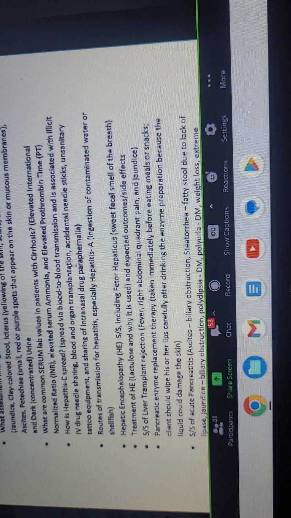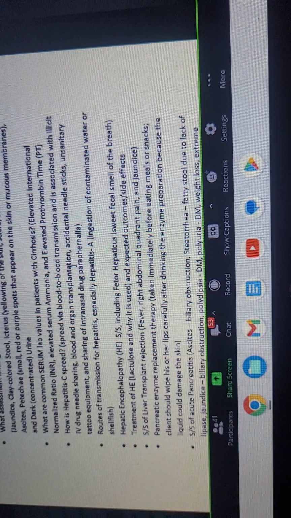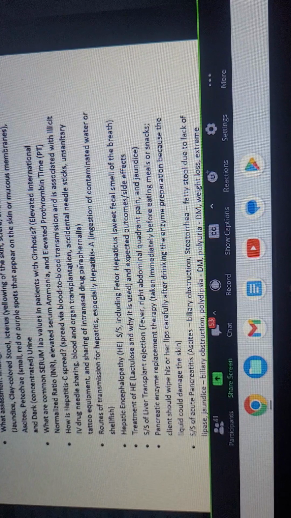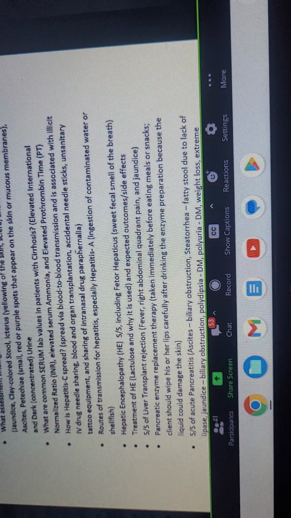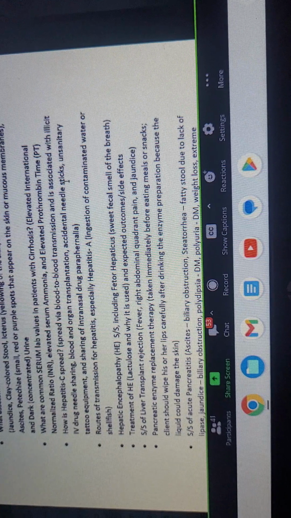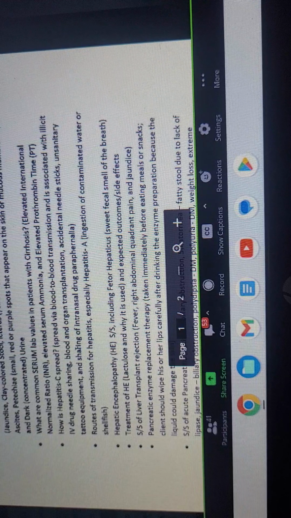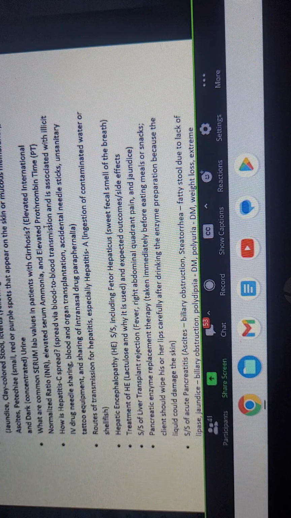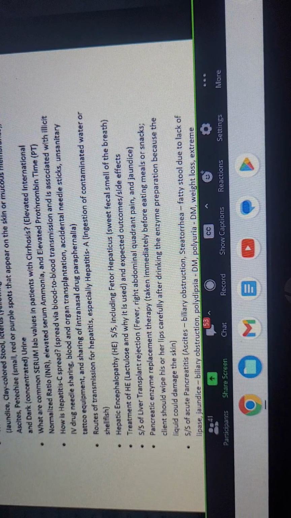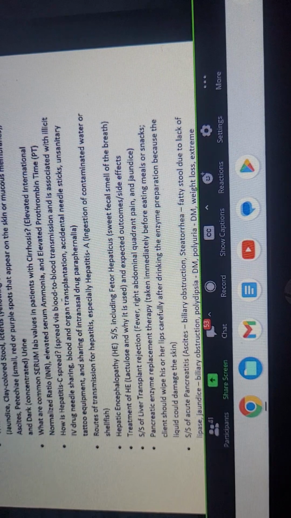This is why they ask whether a person has a history of hepatitis if you're an organ donor, right? Accidental needle sticks, unsanitary tattoo equipment, sharing of intranasal drug paraphernalia. And I forgot to put it in here, but also sexual contact can be as well.